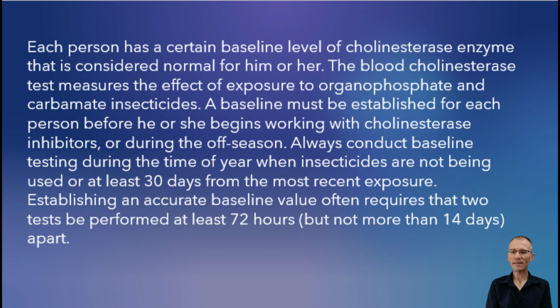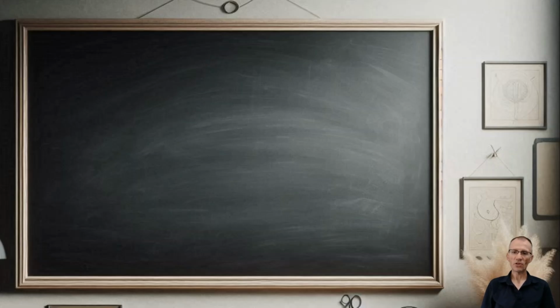Always conduct baseline testing during the time of year when insecticides are not being used, or at least 30 days from the most recent exposure. Establishing an accurate baseline value often requires that 2 tests be performed at least 72 hours, but not more than 14 days apart.